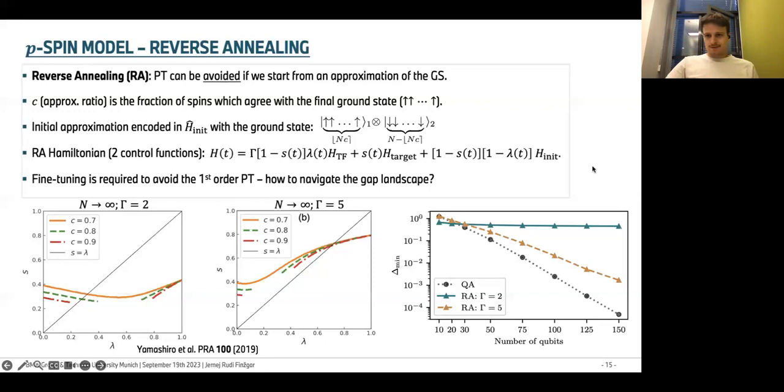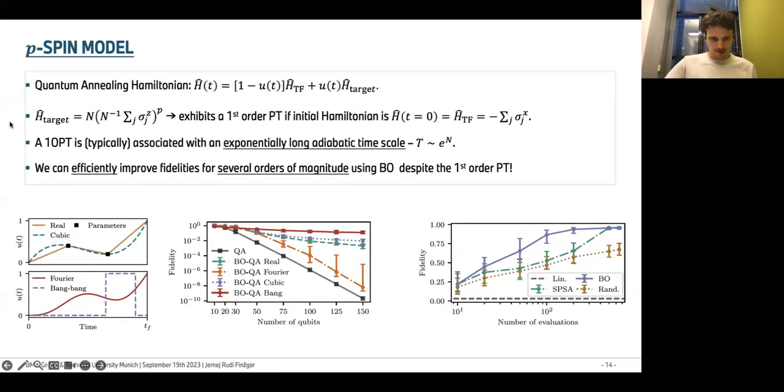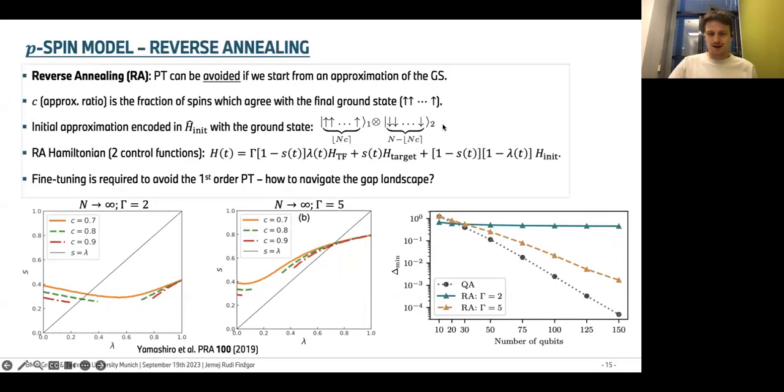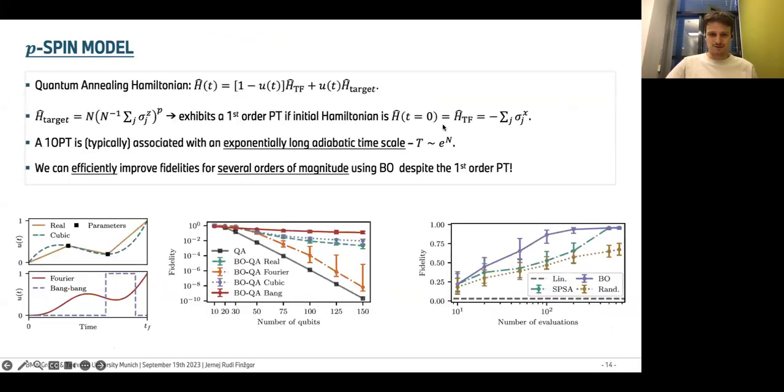Another nice feature about the P-spin model, from a more theoretical perspective, is that this first order phase transition that I mentioned before can be avoided if one starts from an approximation of the ground state. So the ground state of the P-spin model, if we look at it again here, I think it's not that difficult to see: it is all spins pointing up, so that you have all -1 contributions.